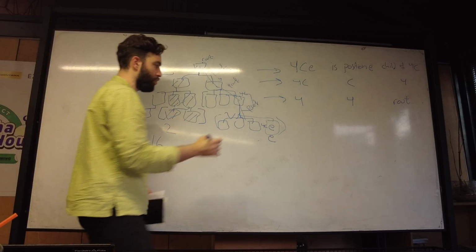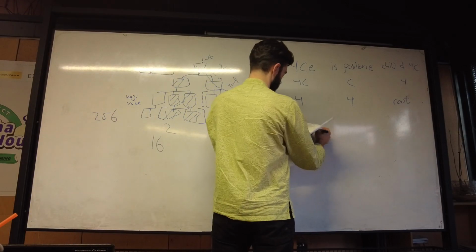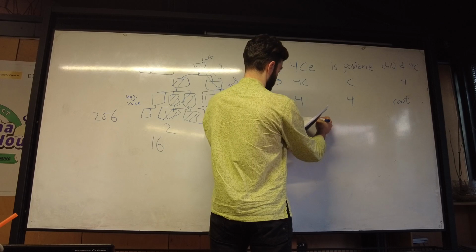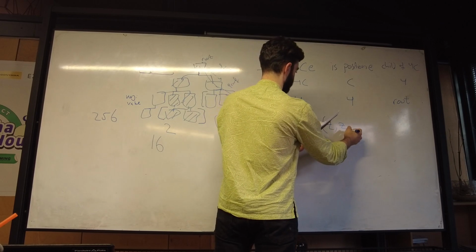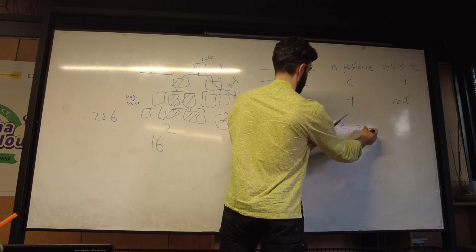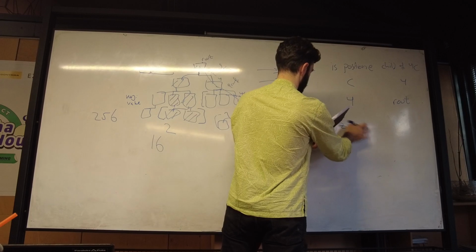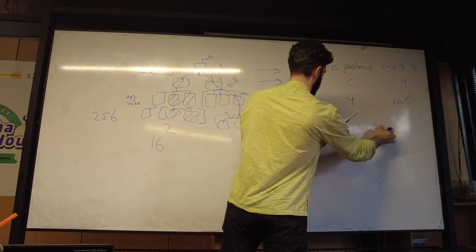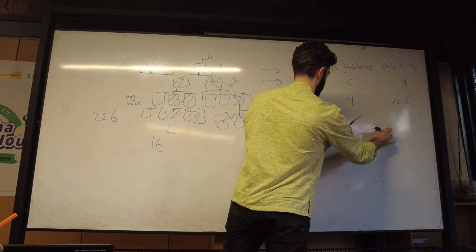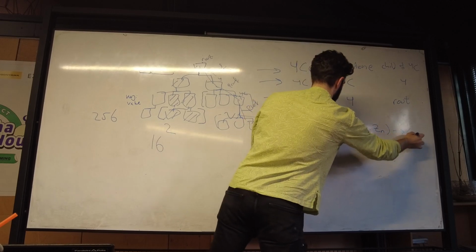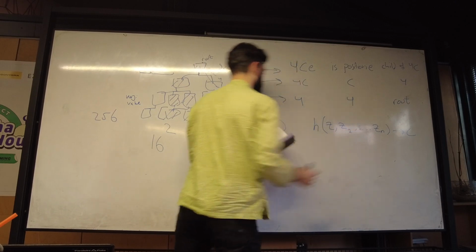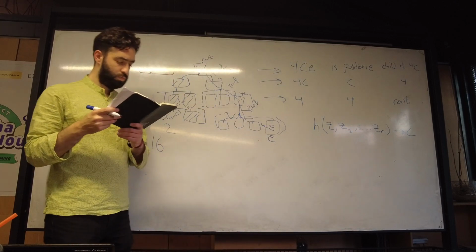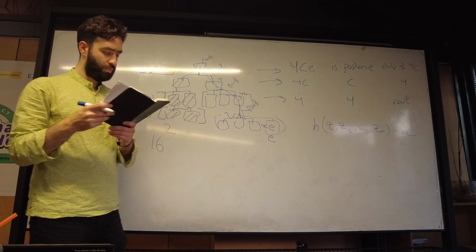So we need a vector that does this, where, let's say, this is a hash of n minus 1, n.